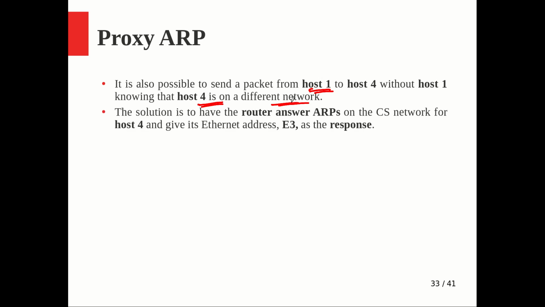The solution is that the router is supposed to answer the ARP on the CS network for host 4, right? The router will act as a proxy for host 4, so that is why it has the name, but it is actually communicating back E3 only. E3 is actually the router's interface, not the actual host MAC address. It is the MAC address of the router's interface on the CS network, and that E3 will be communicated back by the router. The router knows that it is not for me, it is for someone else on the other network, but it cleverly replies back with its own interface.